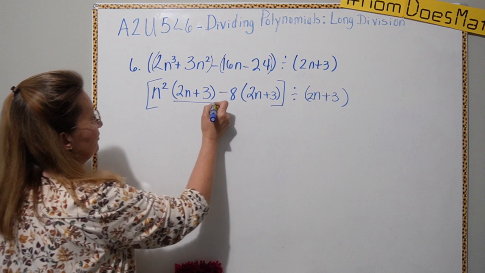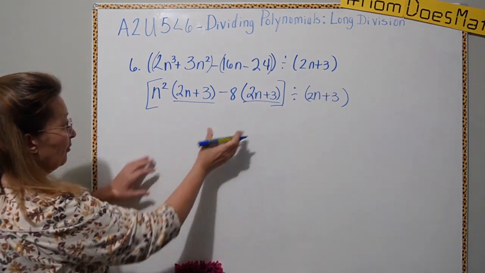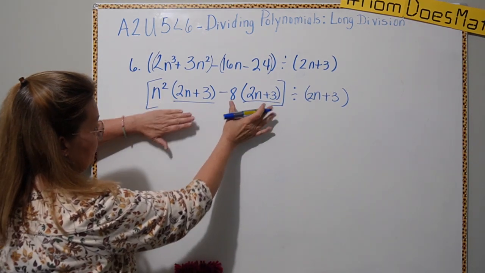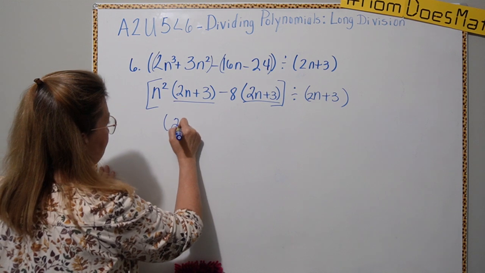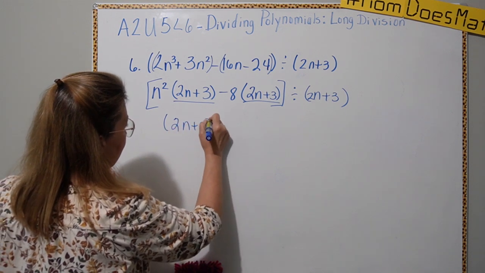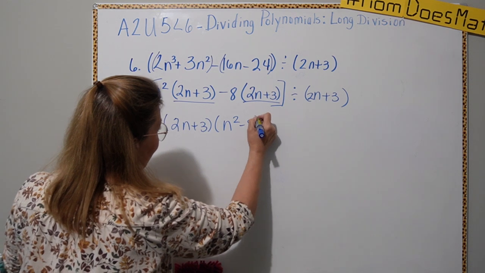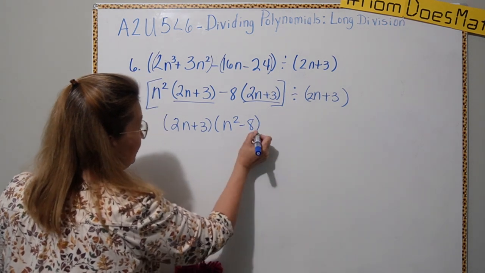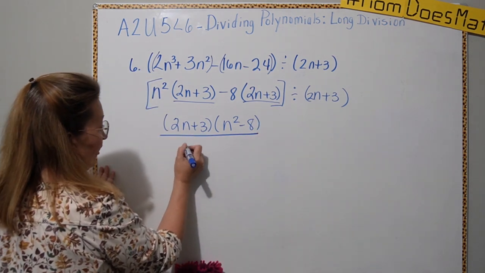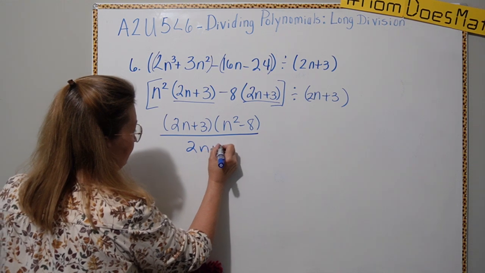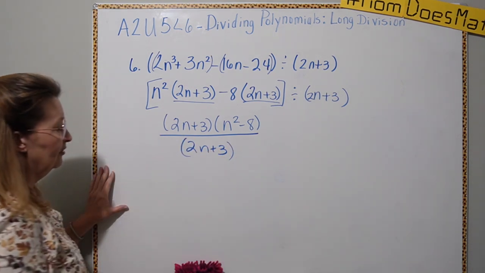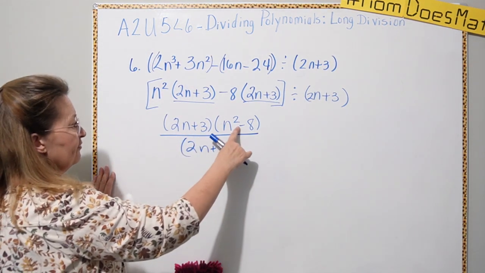Now, the 2n plus 3 becomes my greatest common factor for both terms here. So I'm going to have 2n plus 3, and then I have the n squared minus 8. And since this is division, I'm just going to go ahead and draw my fraction bar and put 2n plus 3 on the bottom.